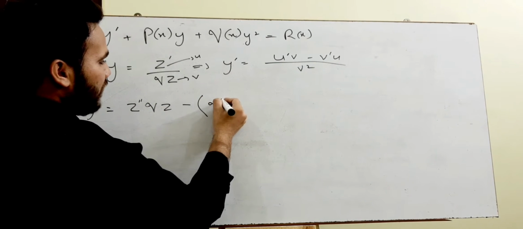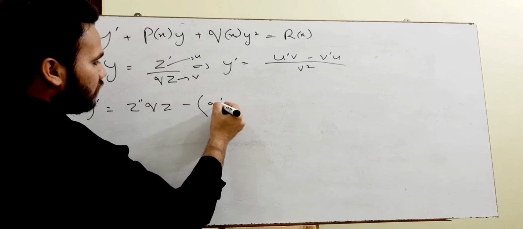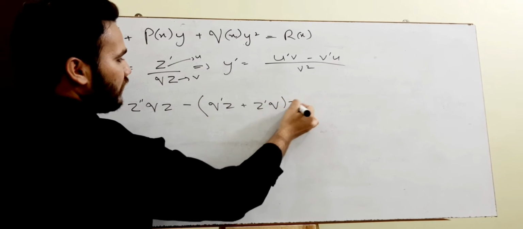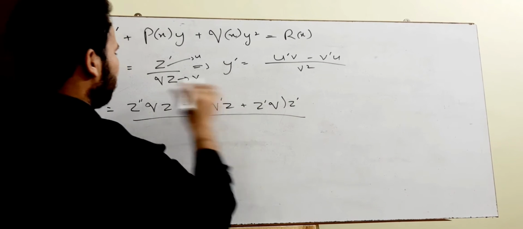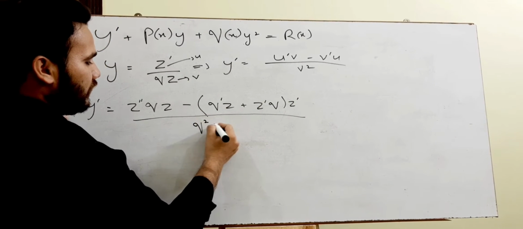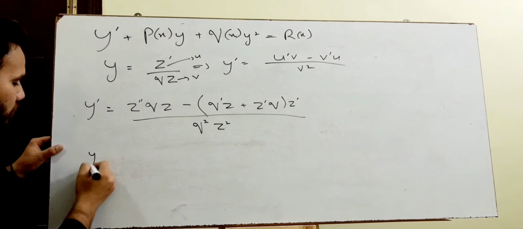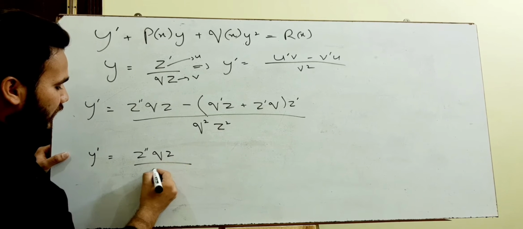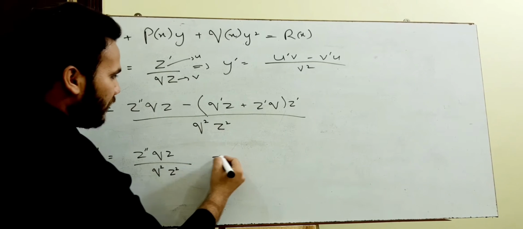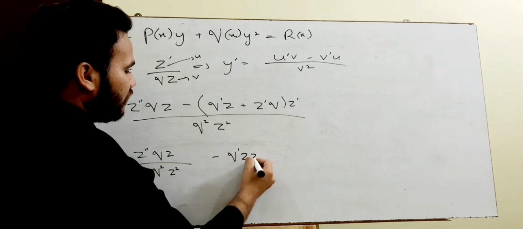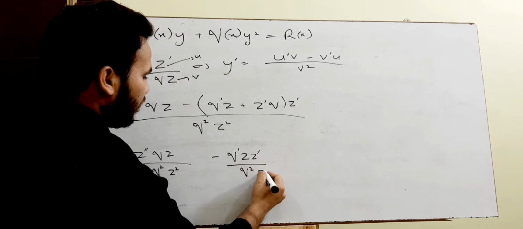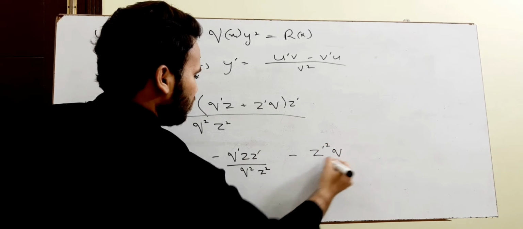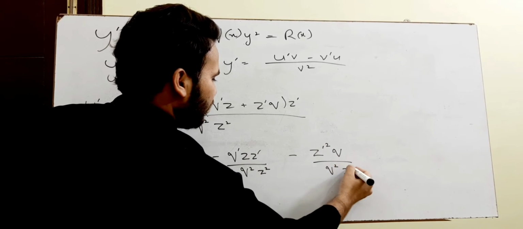V derivative, again by using the product rule, is q prime z plus z prime q, multiplied by u means z prime, divided by q z whole squared, which means q squared and z squared. Now simplification will give us z double prime q z divided by q squared z squared, minus q prime z prime divided by q squared z squared, minus z prime squared q divided by q squared z squared.